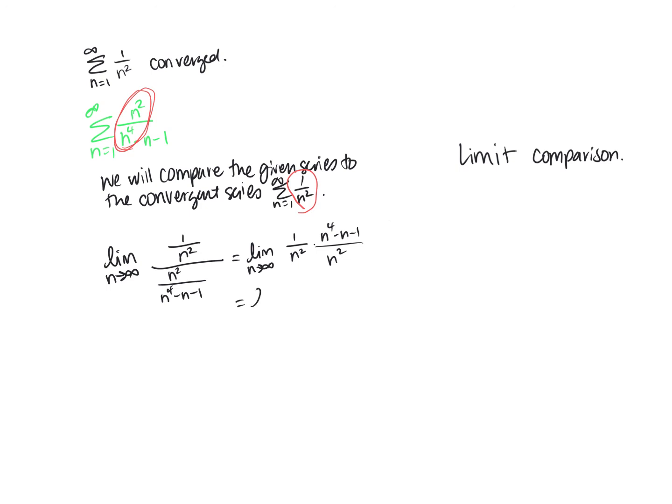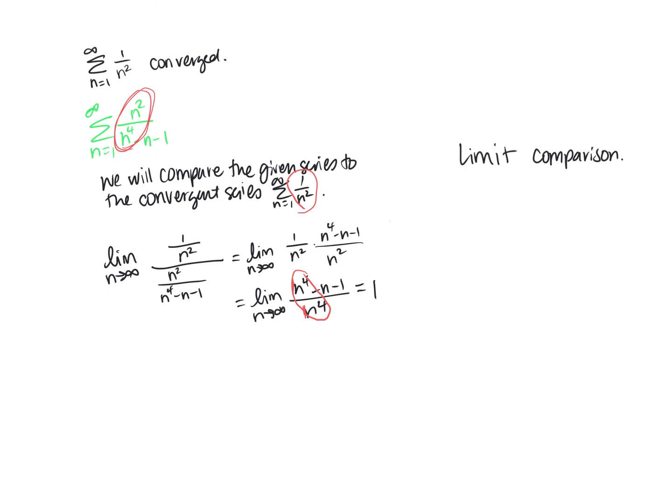So we get the limit as n goes to infinity of n to the fourth minus n minus 1 over n to the fourth. And so if you remember from Calculus 1, we can evaluate these by looking at the leading coefficients, and I see that they're both in n to the fourth term, and the coefficients in front of each of those is 1, and so that limit is going to end up being 1.